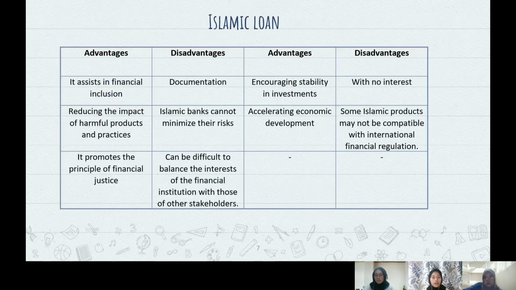Next, we talk about the advantages and disadvantages of Islamic and conventional loans. For Islamic loans, the advantage is it assists in financial inclusion. Next, Islamic law can reduce the impact of harmful products and practices.